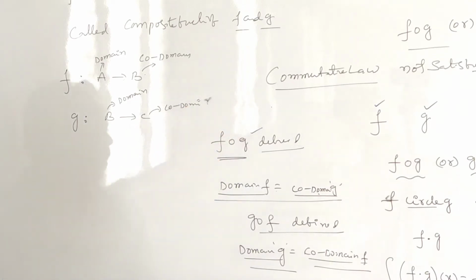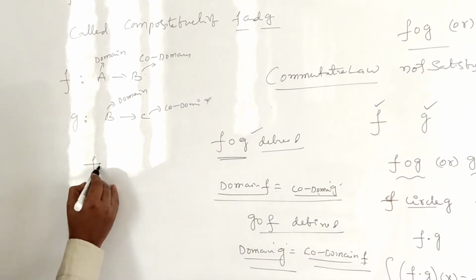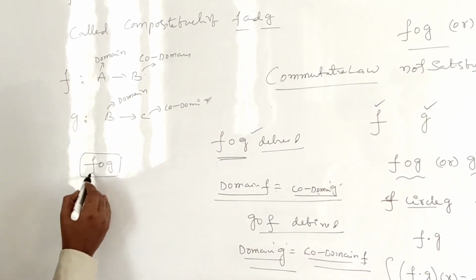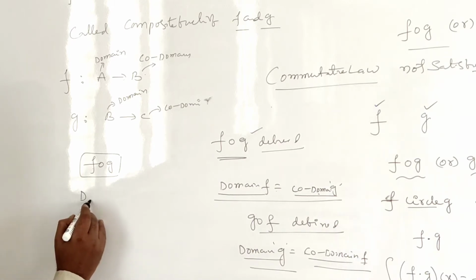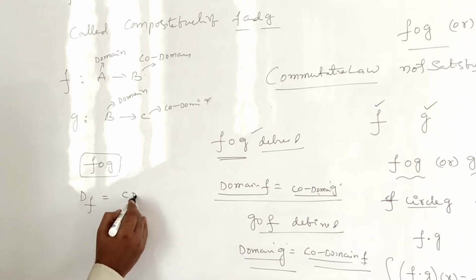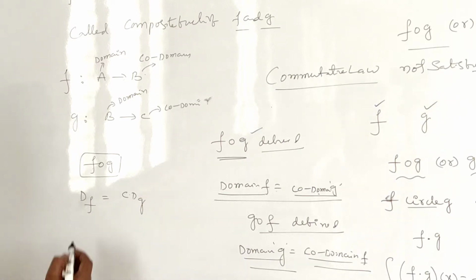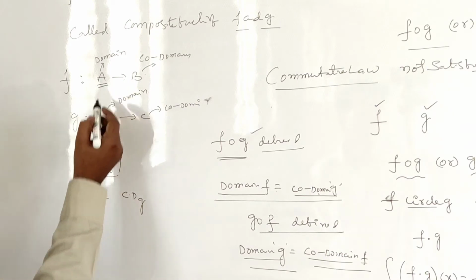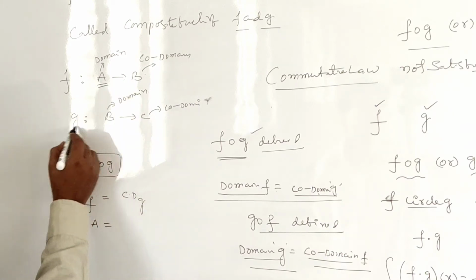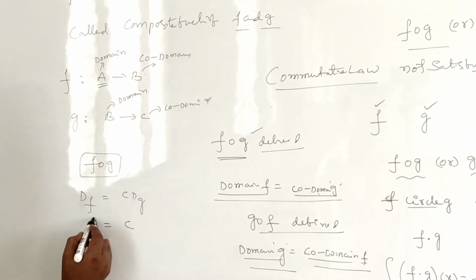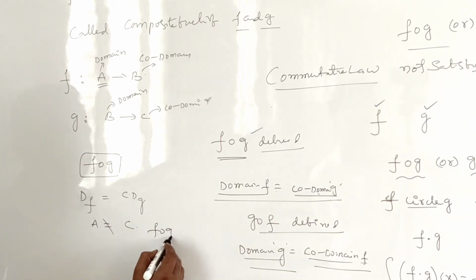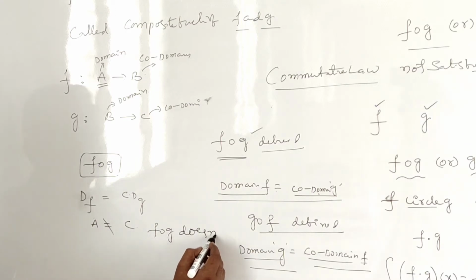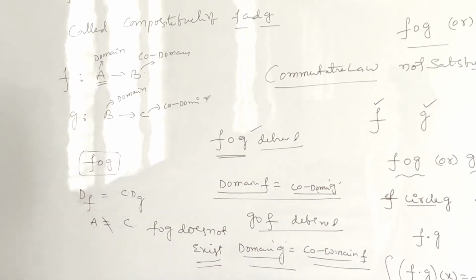Now the rule for f circle g: the domain of f is equal to the codomain of g. What is the domain of f in this problem? A. What is the codomain of g? C. The A set is different from the C set, so they are not equal. That's why f circle g does not exist, so this composite function is not possible.